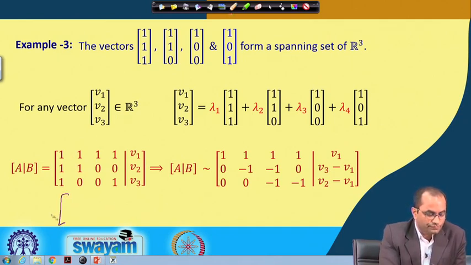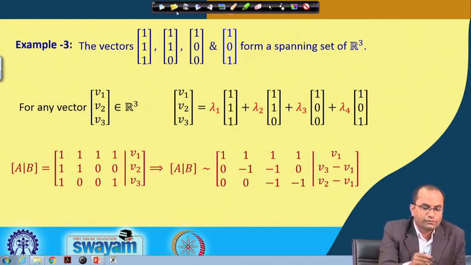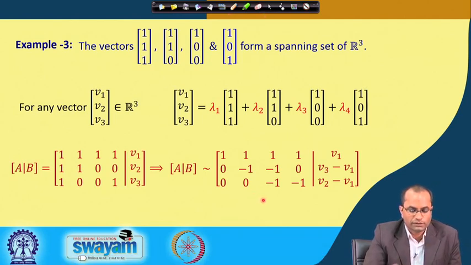The first row will remain as it is, v1, and then here we will make it 0, so we subtract row 1. This is also 0, this is minus 1, minus 1, and then we have v2 minus v1. Here again we will subtract, so we get 0 and v3 minus v1. Now we can exchange these 2 rows, and eventually we will get the row reduced form.